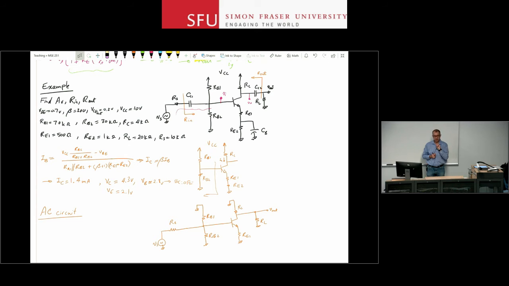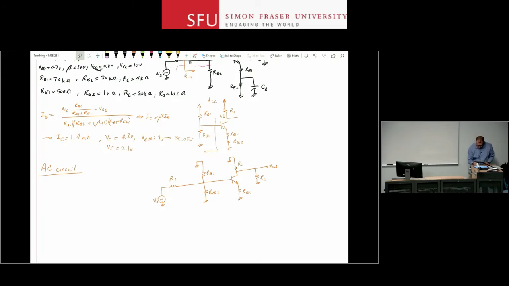You can just go back and use whatever you've done for the analysis of that stage, right? But anyway, what I have here is basically the amplifier I have identified as a common emitter amplifier, right?